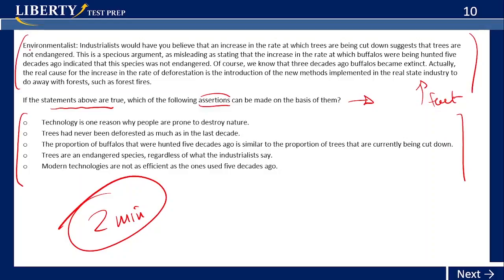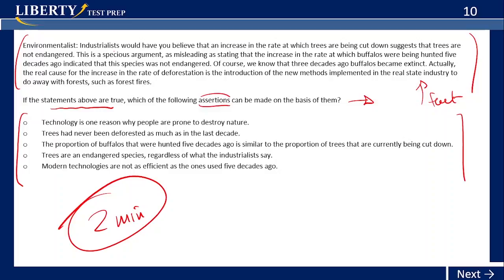Now let's read the statements. The environmentalist is the one talking, doing all the talk. Industrialists would have you believe that an increase in the rate at which trees are being cut down suggests that trees are not endangered. This is a specious argument, as misleading as stating that the increase in the rate at which buffaloes were being hunted 5 decades ago indicated that this species was not endangered.